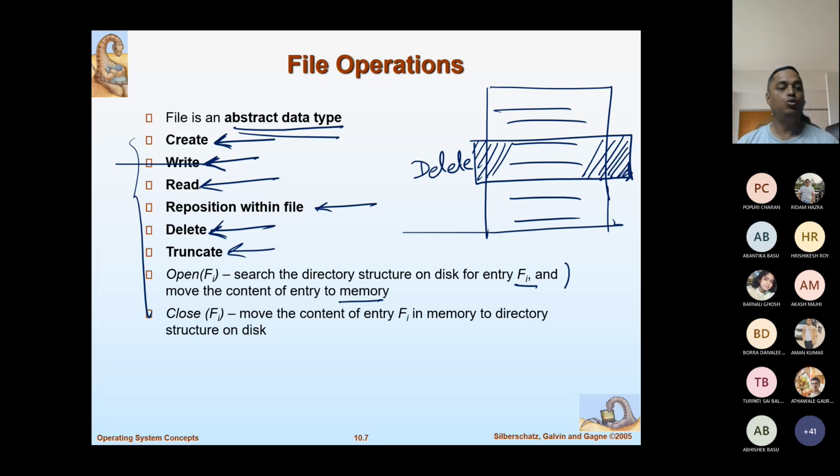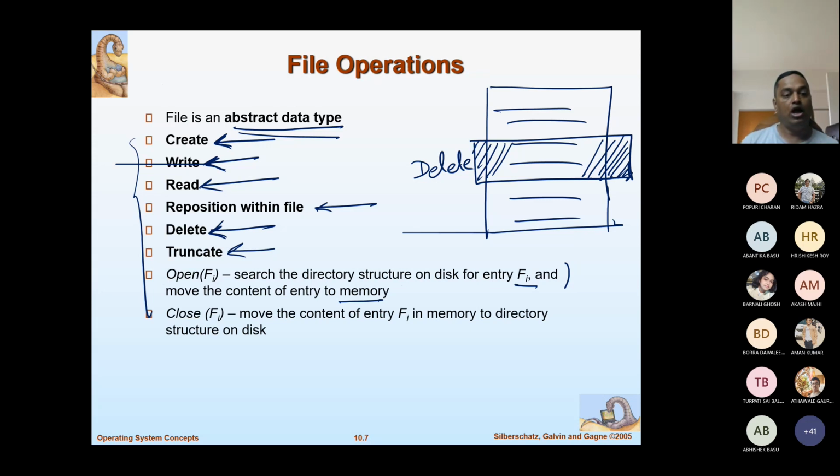Open means you want to bring the file from your hard disk to the main memory such that you can read it or write something on it. So before reading or writing to and from a file, you have to open the file from the hard disk, because directly from hard disk you cannot read.